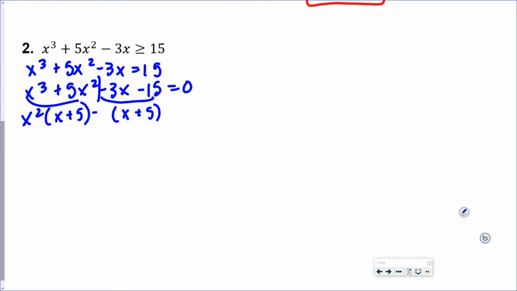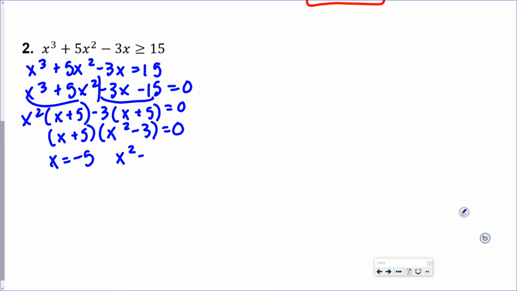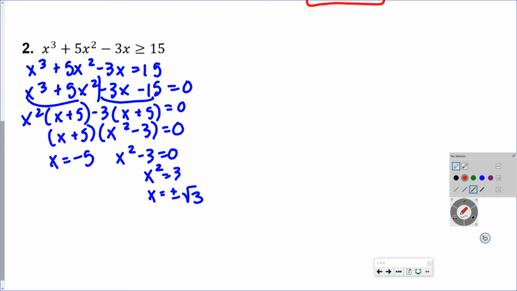And this does work. I can factor out a negative 3. So this factors into x plus 5 and x squared minus 3. If you have to set this equal to 0 to solve, you can. You get plus or minus the square root of 3. And then obviously negative 5 from that x plus 5. So I have 3 key numbers here.